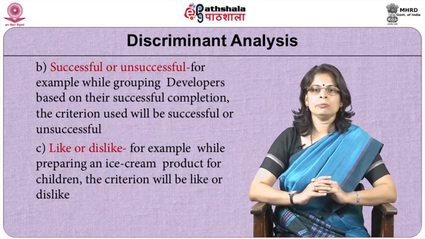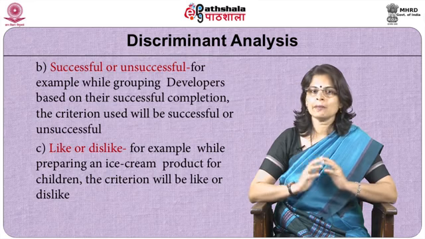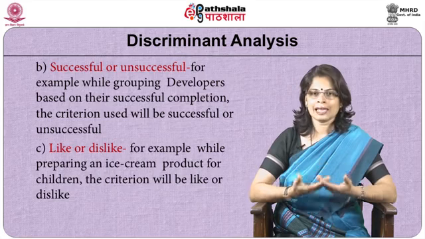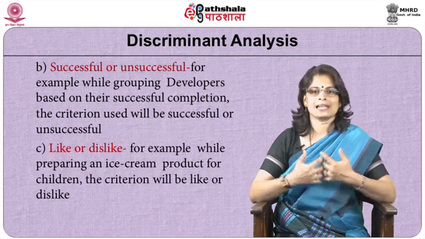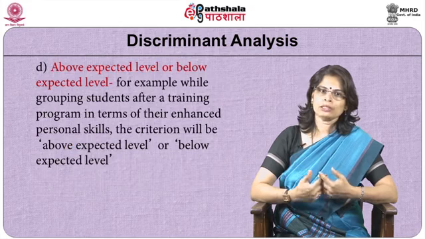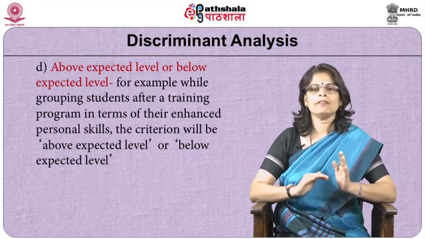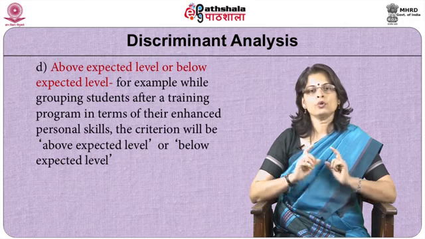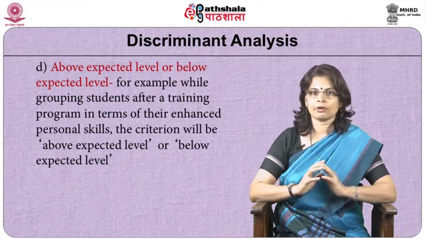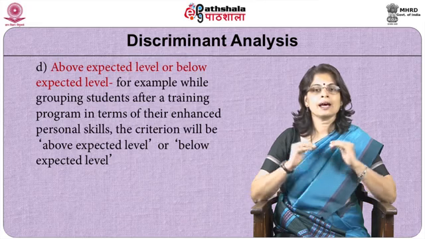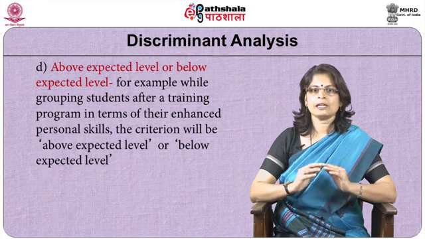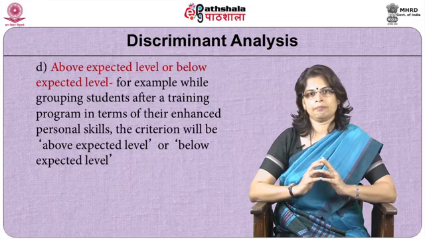An example here would be, while preparing an ice cream product for children, the criteria would be either a child likes ice cream or he dislikes it. The fourth would be above expected level or below expected level. For example, while grouping students after a training program, in terms of their enhanced personal skills, the criteria would be above expected level or below expected level.